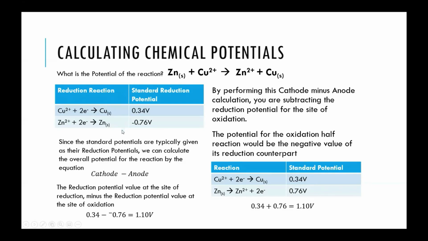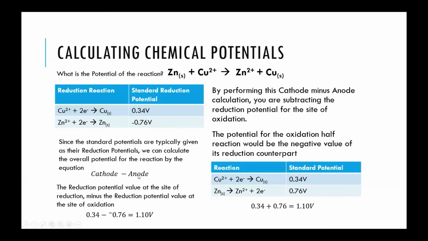And the calculation for that is cathode minus anode. So at the cathode, reduction occurs. And so that's 0.34 volts. The copper is being reduced from copper 2 plus to copper metal at the cathode.